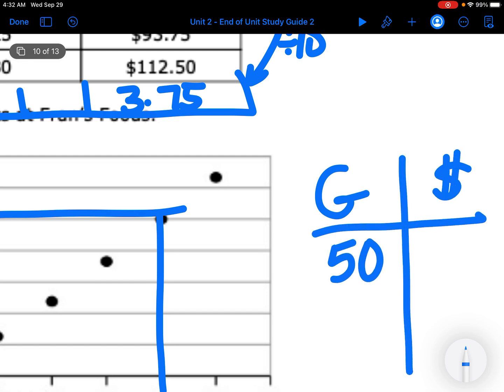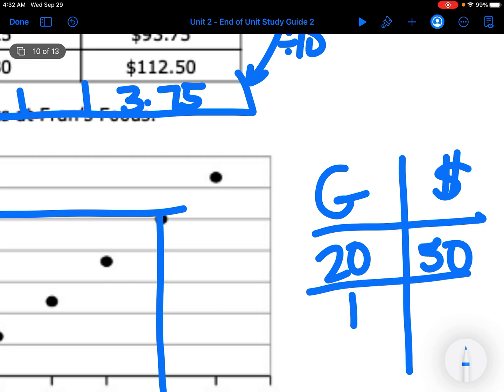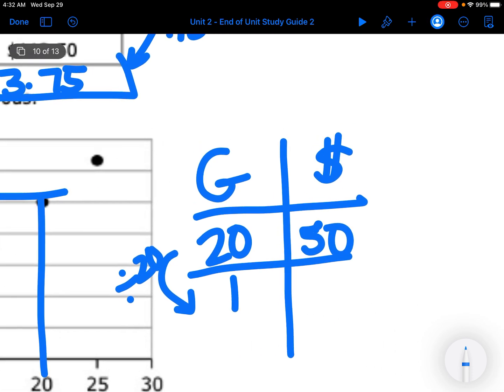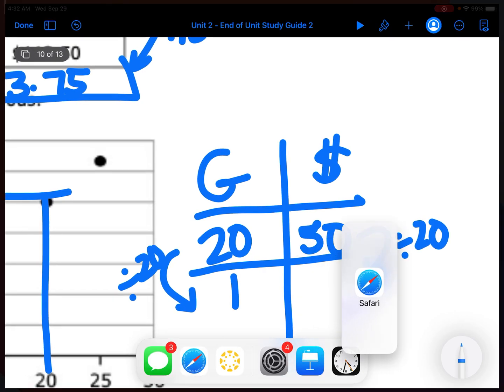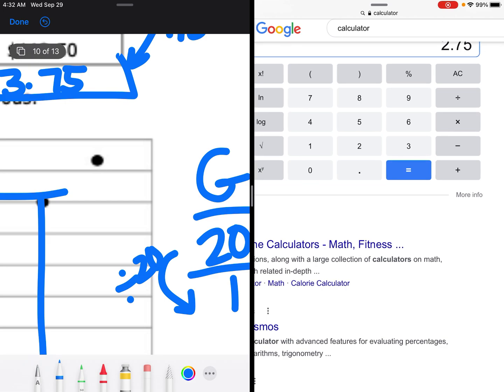For Fran's Foods, 20 guests cost $50. Oops, I lied. I want to say it's $2.50 per guest, but I don't want to be wrong.